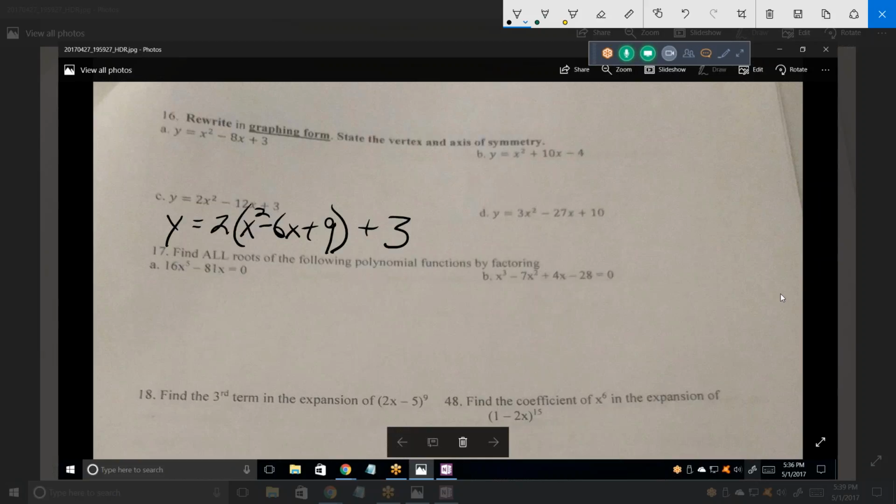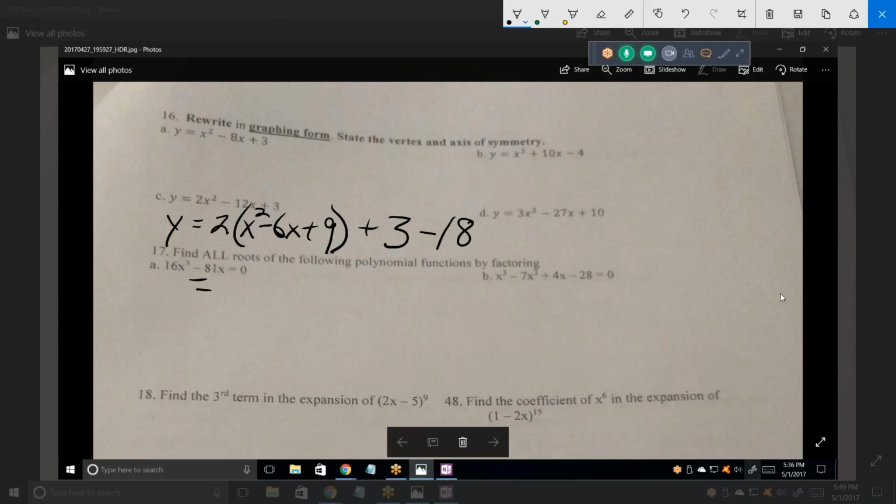I got to balance it out. Subtract 18. Exactly. That's what I was trying to get at. You don't subtract 9, you subtract 18, because when I wrote 9 in there, I added 18 to the right side of the equation. It's always whatever you write in there times whatever number was factored out.